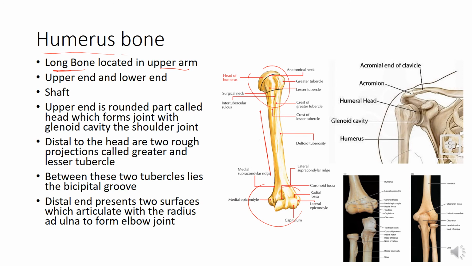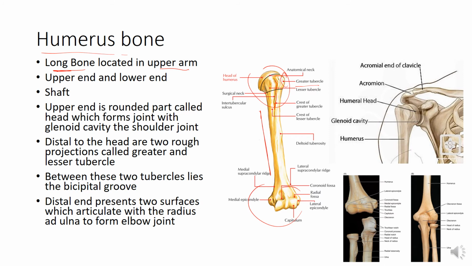This is called the head, which forms a joint with the glenoid cavity to form the shoulder joint. Distal to the head are two rough projections. These are known as tubercles. One is the larger tubercle, known as the greater tubercle, and the other is the smaller tubercle, known as the lesser tubercle. Between these two tubercles lies the bicipital groove.